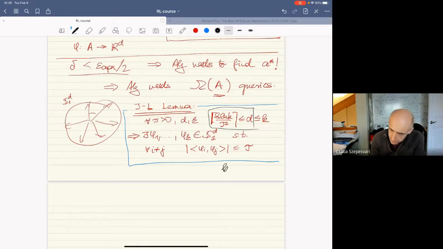Roughly k can be like e to the tau squared divided by 8 times d in the exponent. So up to this many vectors can be put on the unit sphere such that they are up to this tau accuracy orthogonal to each other.